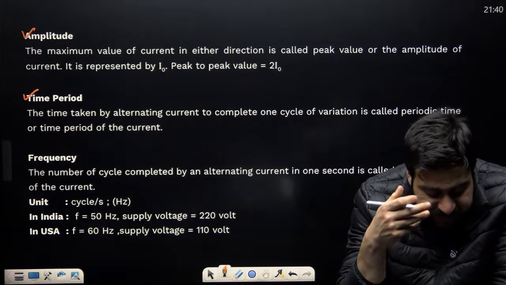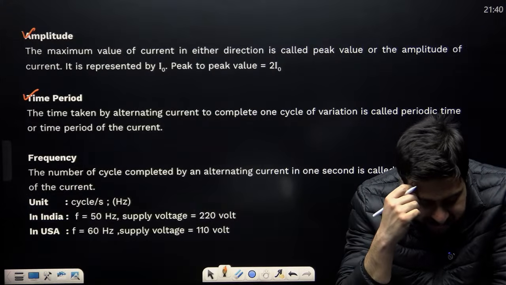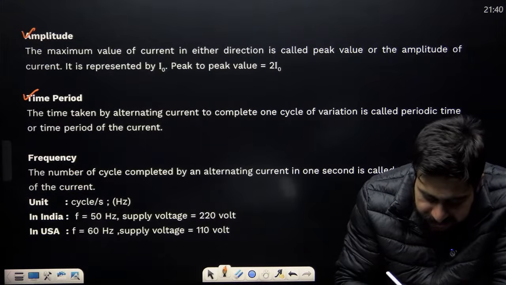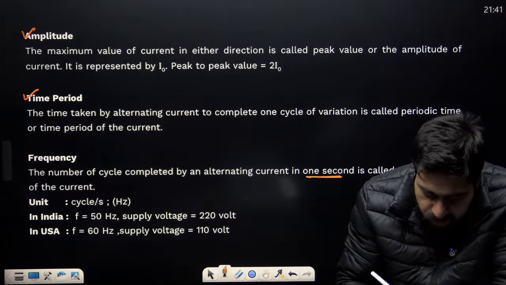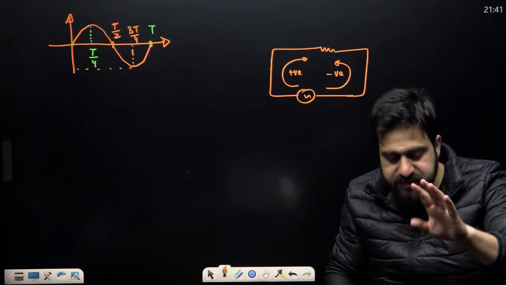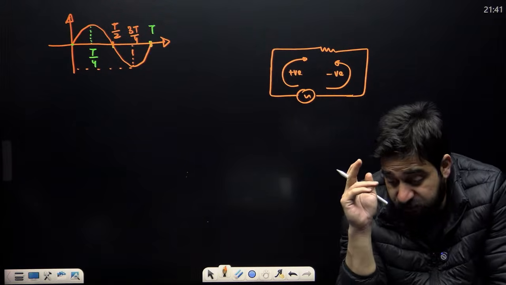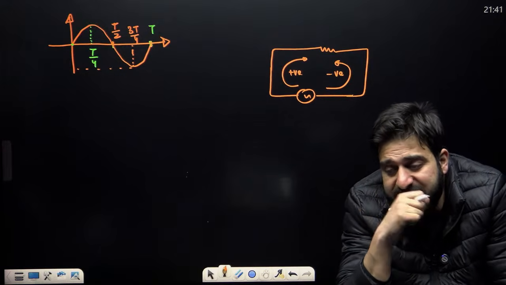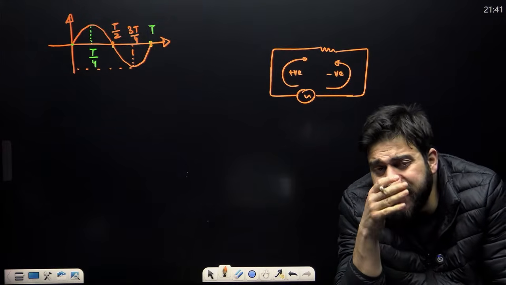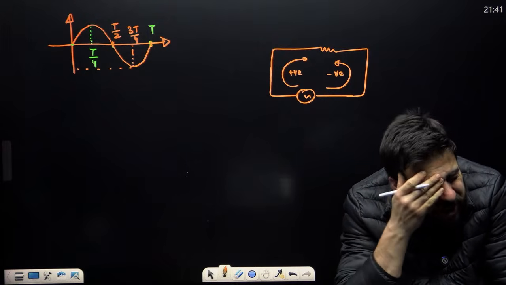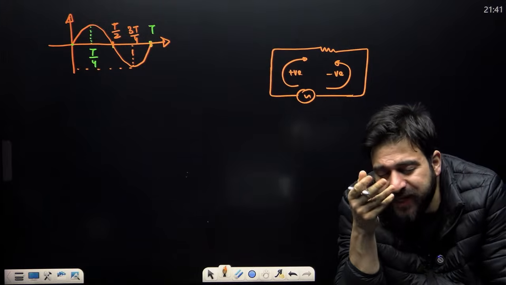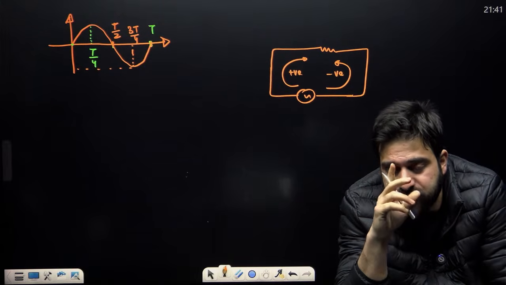Frequency. Frequency means the number of cycles completed by an alternating current in 1 second. Like guys, see, listen carefully, please. In one cycle, how many times does alternating current change direction?